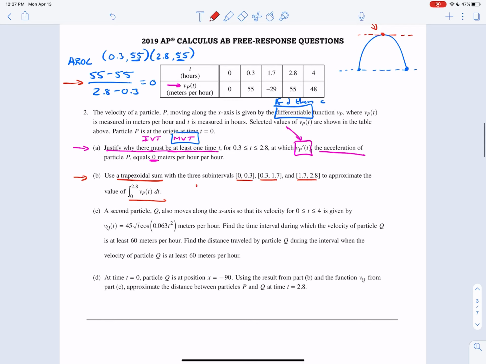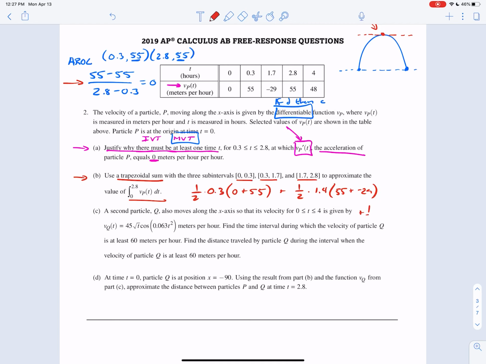So here we go. We're going to have 1/2 times the horizontal distance times the sum of the two bases. Okay? Plus 1/2 times the horizontal distance. Sorry, that's not 0.4. That's 1.4. Times 55 plus negative 29.